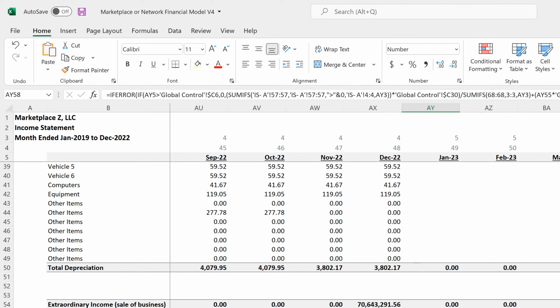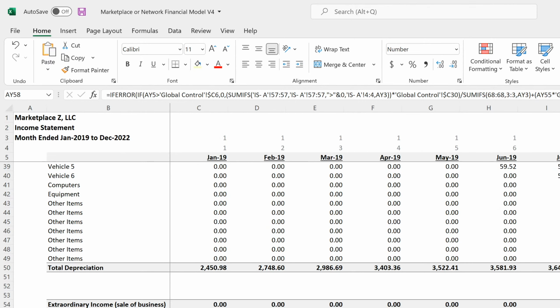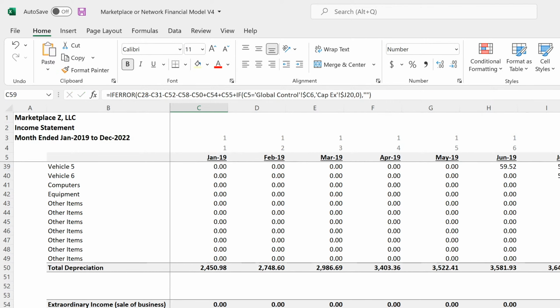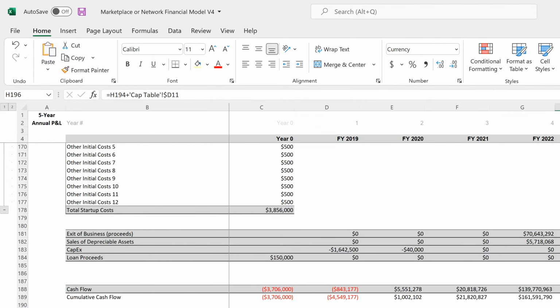So I have if error blank. What it should be is 0, if error is 0. Okay.